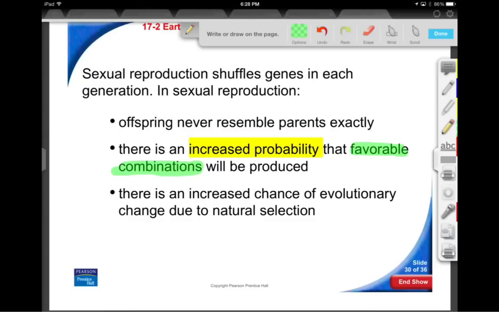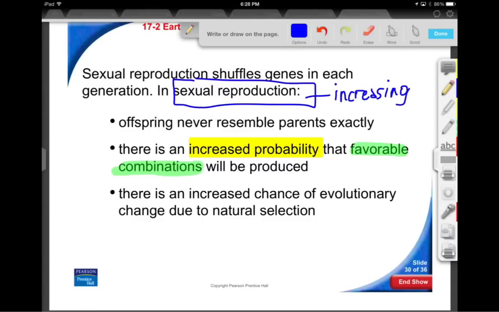So, sexual reproduction, ladies and gentlemen, and I'm going to make a little side note, is all about increasing diversity. It's a shuffle. That doesn't mean there's new genes. It just means that they're trying combinations.